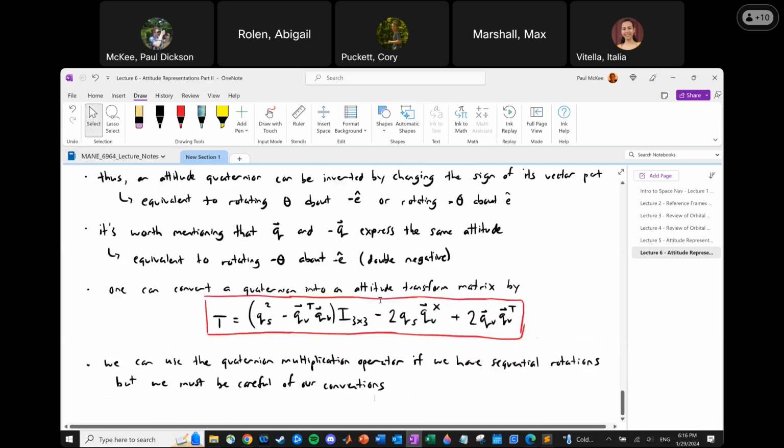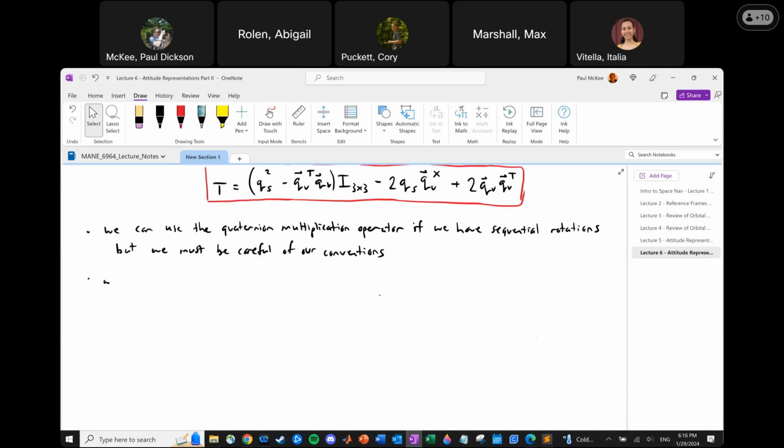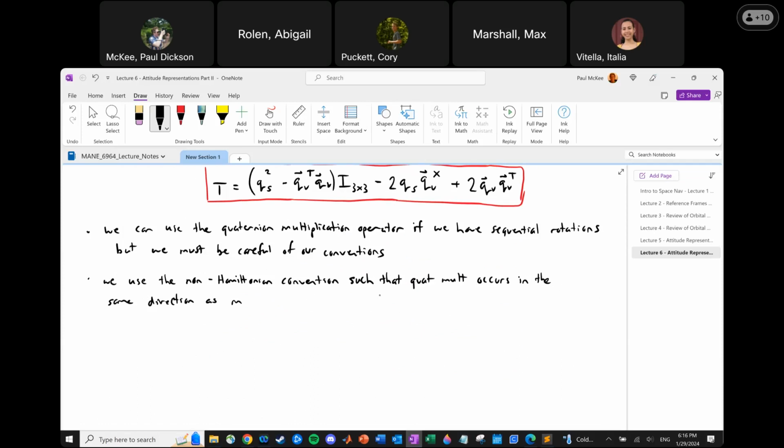We use the non-Hamiltonian convention, so thanks, Hamilton, but we'll take it from here, such that quaternion multiplication occurs in the same direction or the same order as matrix multiplication, which is to say right to left.